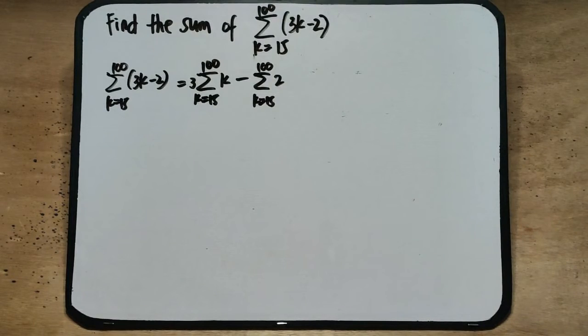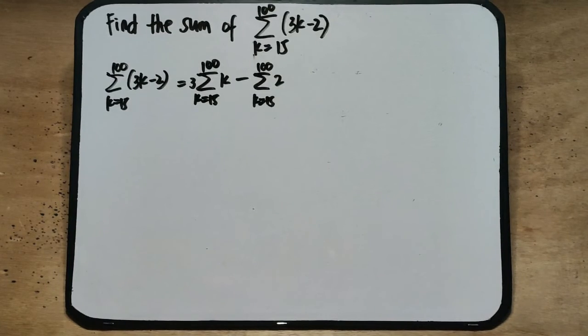Since our lower limit is not 1, we cannot use the formulas, which are the sum of the powers of integers.